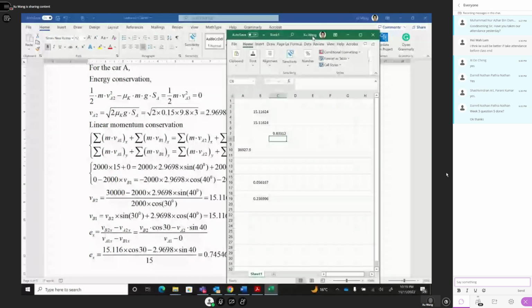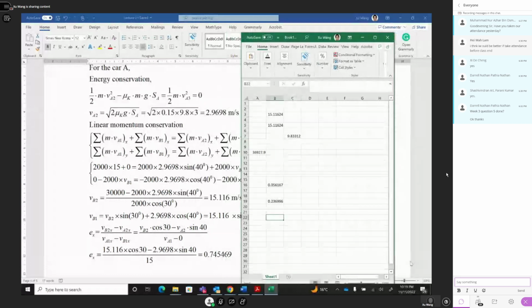So the calculation we double check is equal to, and this one is your calculated VB2, right? And multiply cosine, sine, and 30 degrees, and pi divided by 180, right? Okay, minus 2.9698, right?